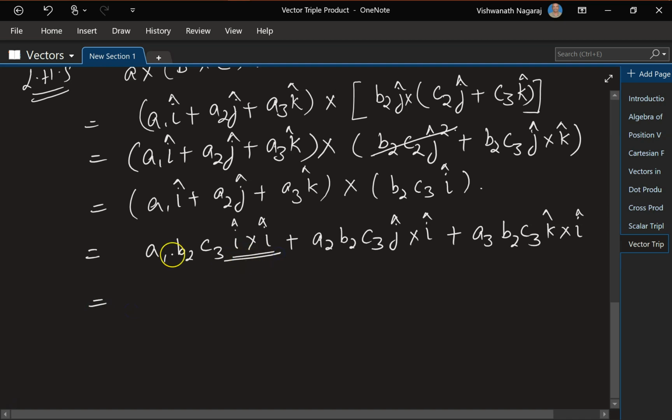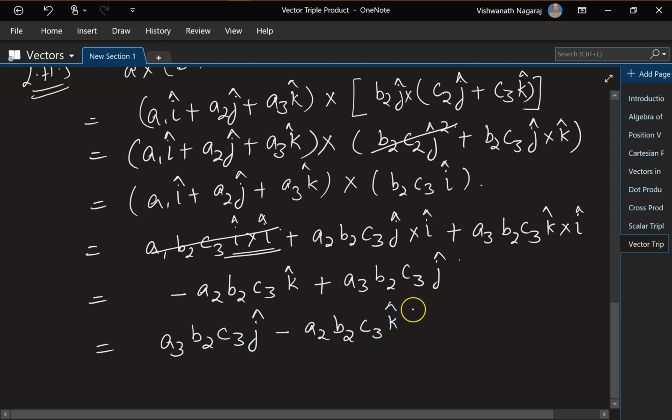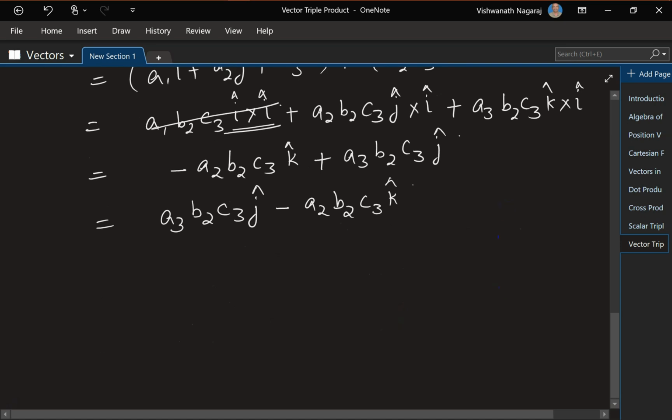Now I cross I is 0. J cross I is minus K. So it will become minus A2 B2 C3 K. K cross I is plus J. So A3 B2 C3 J. So we write it as A3 B2 C3 J minus A2 B2 C3 K. Okay, we have arrived at LHS.